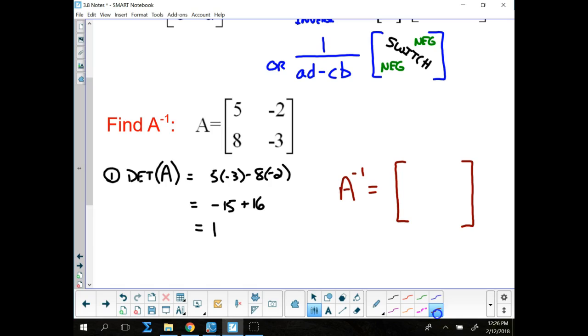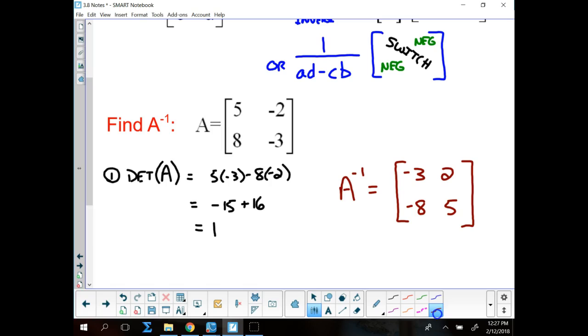So that becomes -3 there and +5 there. Yes? What do I do with the other 2? Negate them. So this would become +2 and -8. Correct?